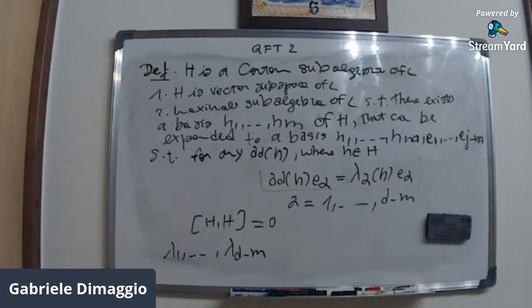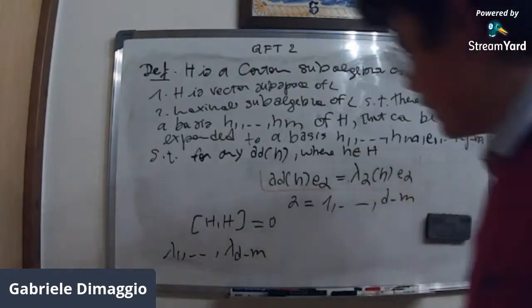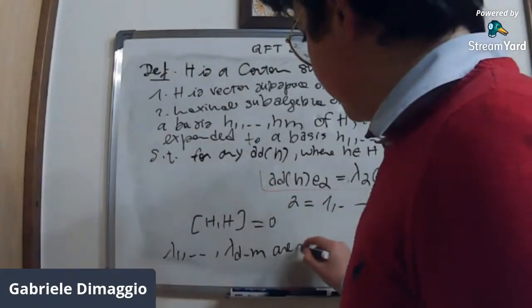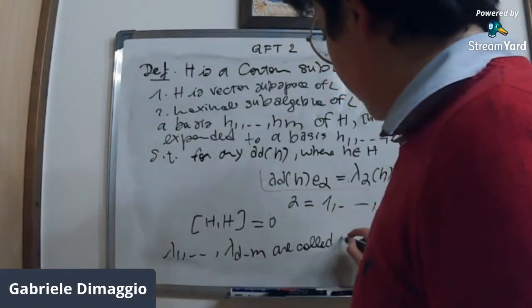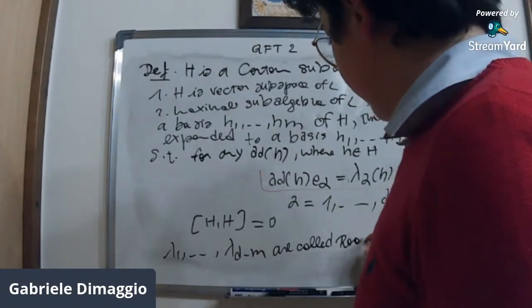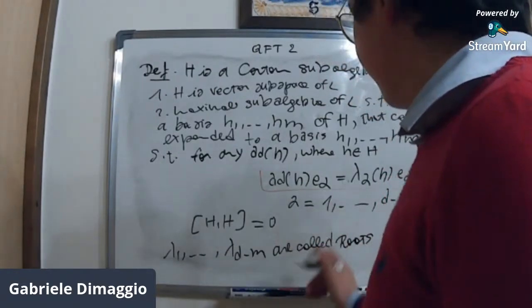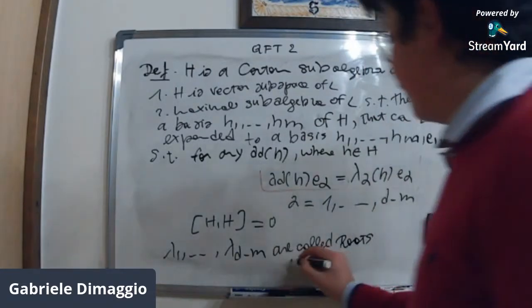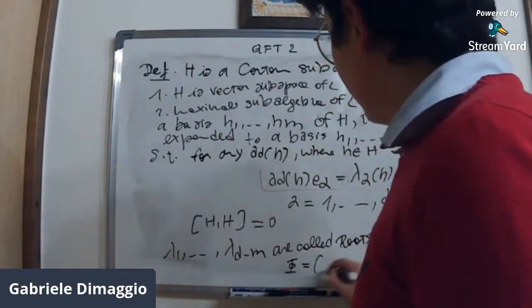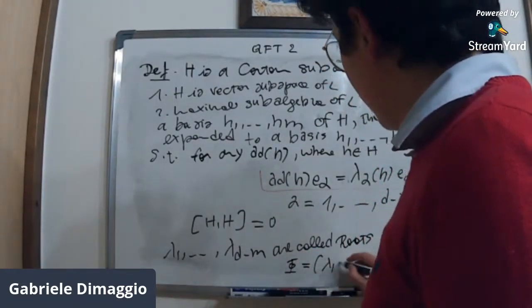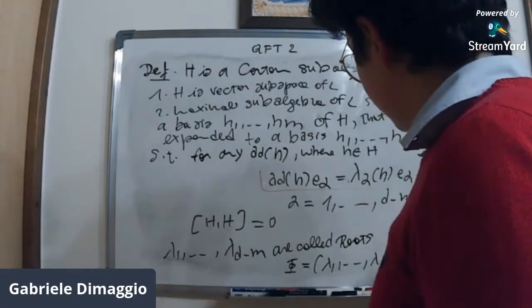What does it mean? They are called roots. And it's important, the root set phi, the set of all roots, lambda 1 until lambda t minus m.